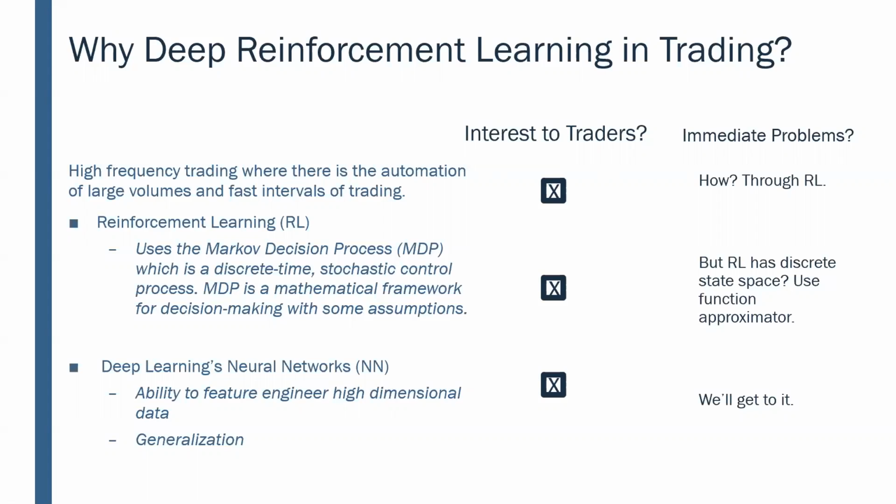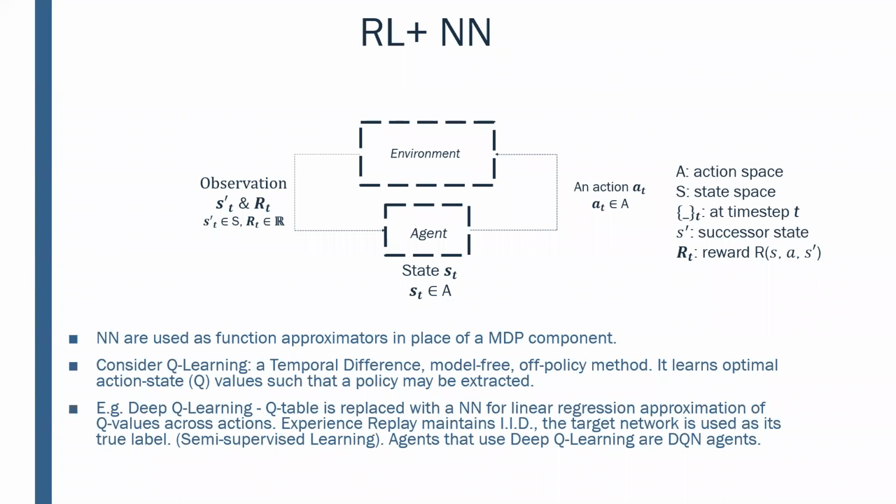And neural networks are a way to get around the idea that data can be extremely high dimensional, so they're really good at mapping high dimensional data to an action or to some key values that we want. And neural networks are known for being very generalizable. But unfortunately, there are problems that come along with neural networks. I'll get to that after this.